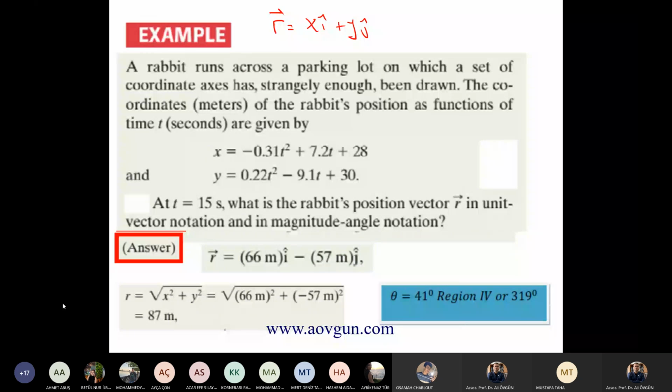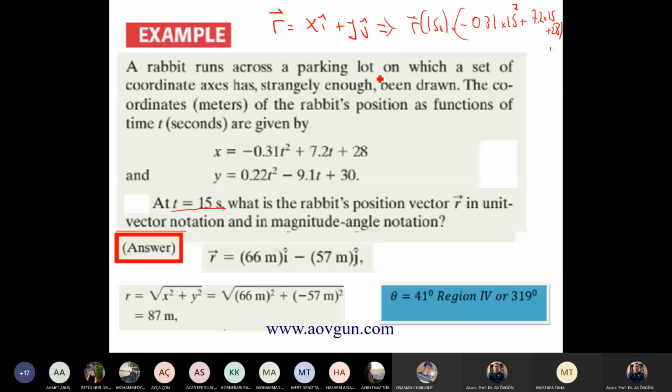So let's write it in unit vector notation. But here, first, you must calculate it. This is for any t, but you need to find for 15 seconds. So R at 15 seconds is equal to minus 0.31 times 15 square plus 7.2 times 15 plus 28.